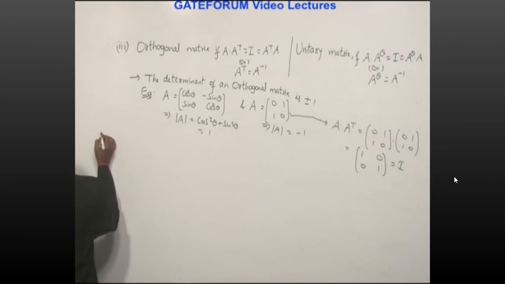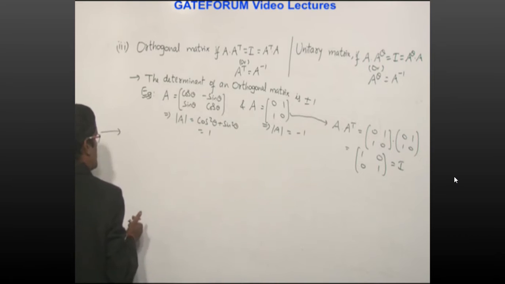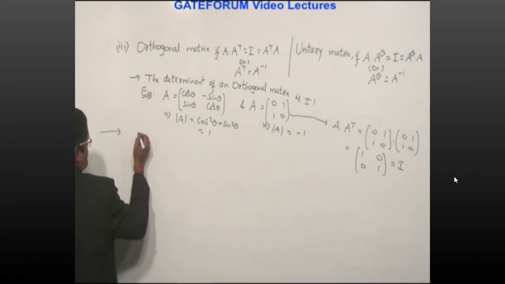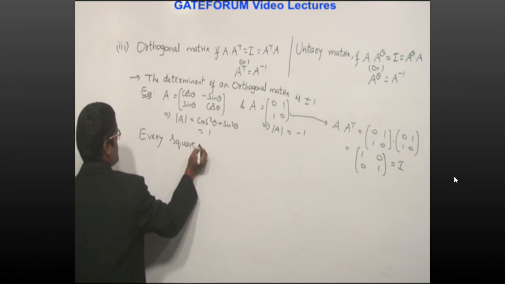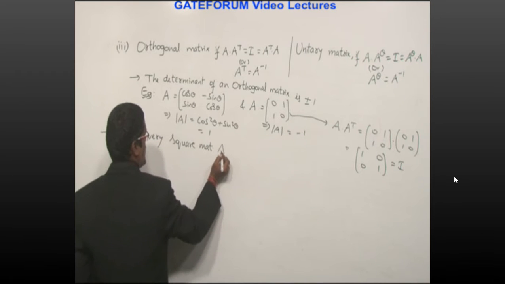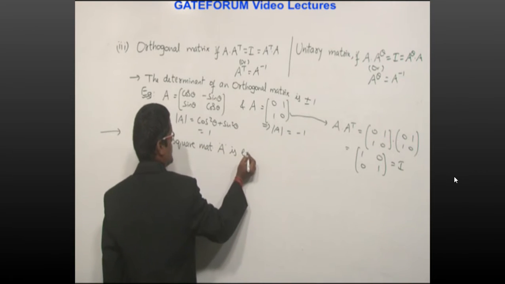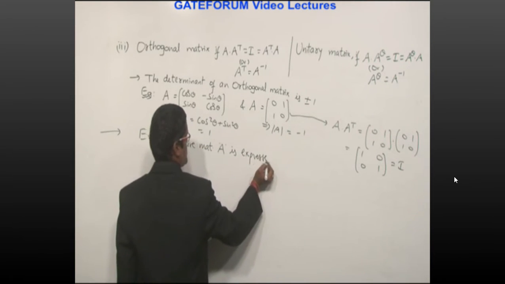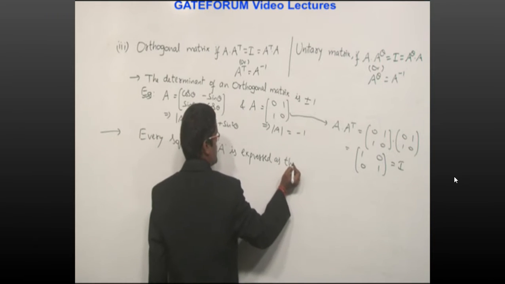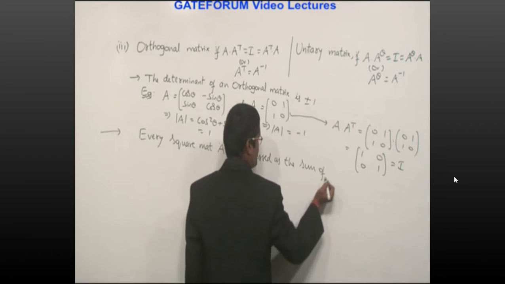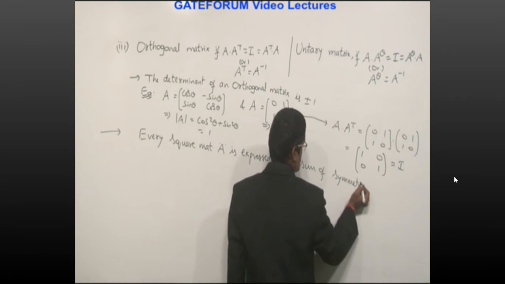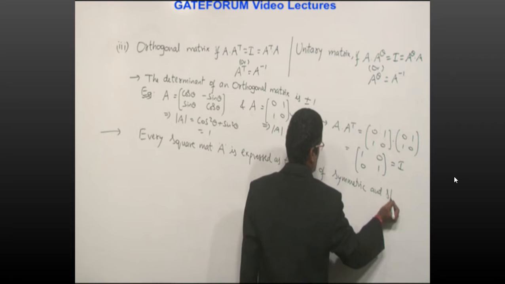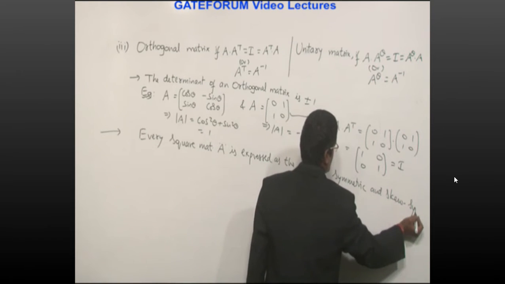And one more important point for the above symmetric and skew symmetric matrix. Every square matrix A is expressed as the sum of symmetric and skew symmetric matrices.